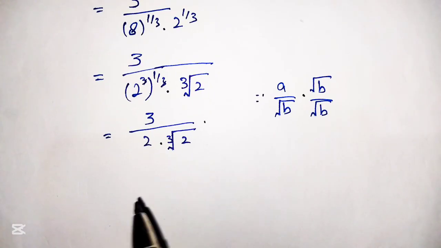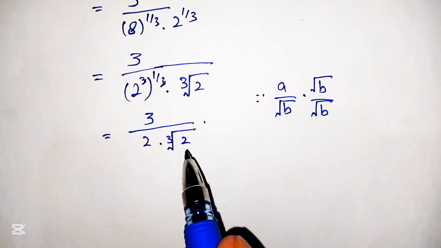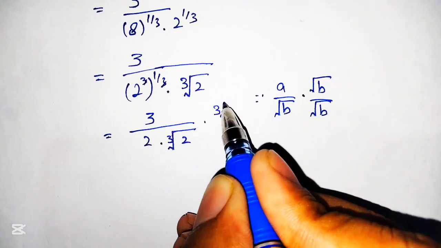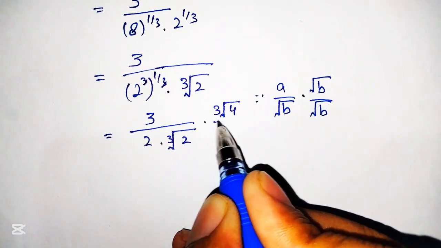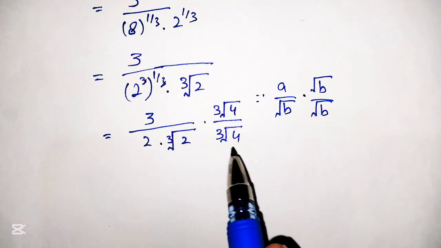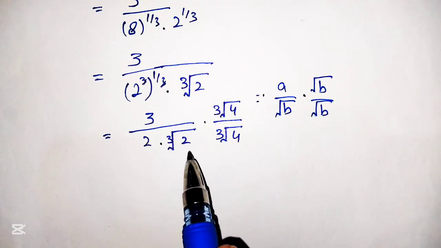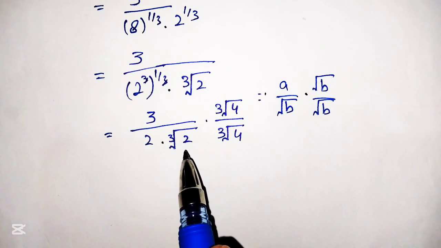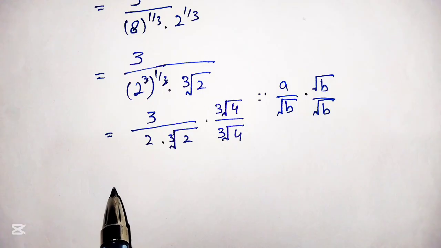For this purpose we will multiply and divide both sides by the third root of 4. This number will give us a number which can be written as a cube, and it will help us to simplify this question very easily.